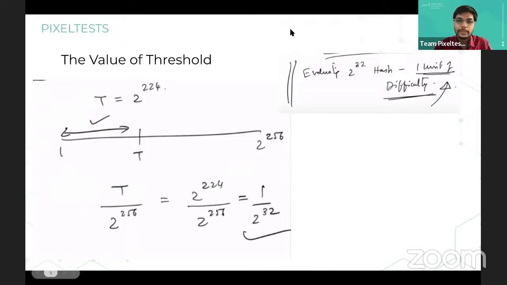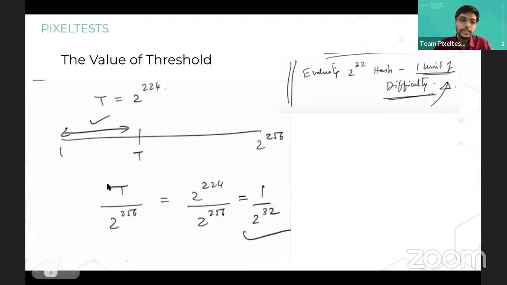To make the probability smaller, while making the consensus protocol it was decided that the t value would be 2 to the power of 224, right? If you remember, we were doing 2 power 32.